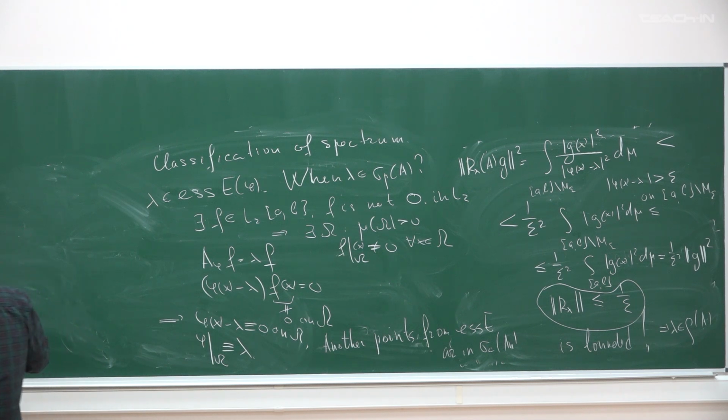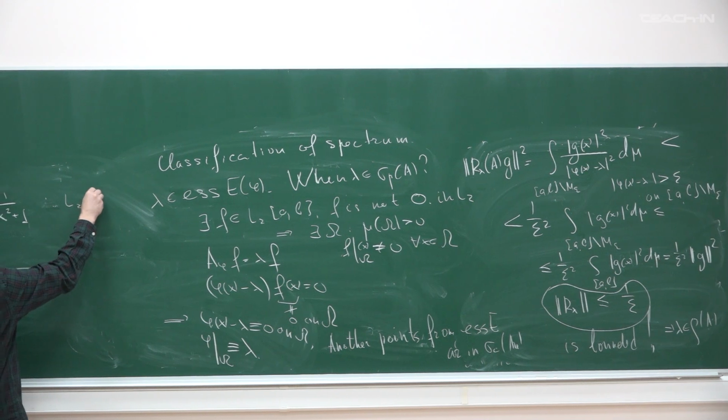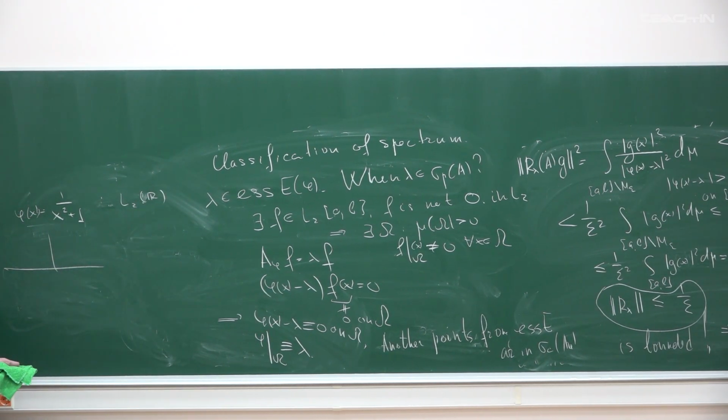For example, consider the function phi of x equals 1 over x squared plus 1, and multiplication by this function in L2. Try to understand what the spectrum is. 0 is not a value of this function, but it is an essential value.